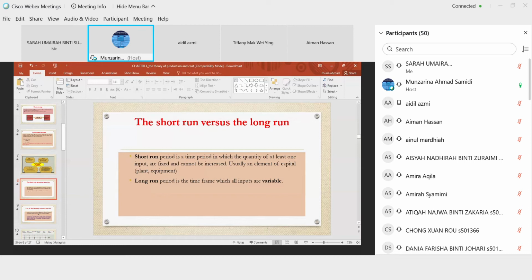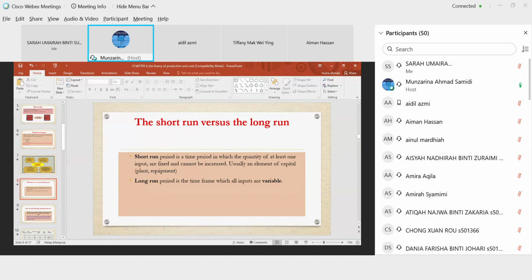So if today, for example, you are using one labor, one person, and one bottle of cooking oil, and one pandan of banana, you can produce a certain amount of goreng pisang.